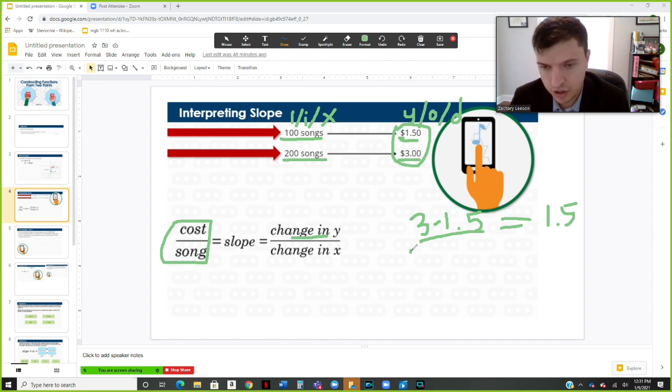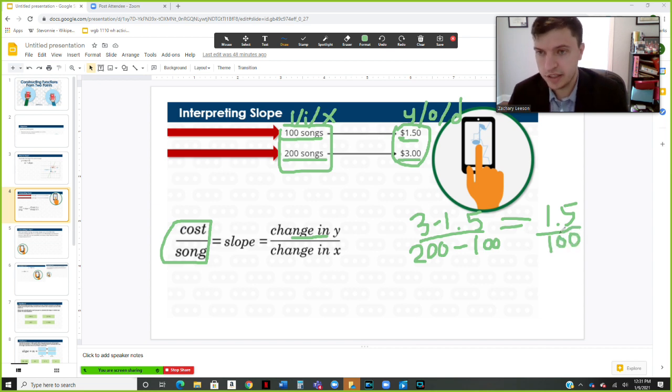That's my X sub 2 that goes with that X sub 1 there. So I've got 200, and then I'm going to subtract to find how X changed, and it changed by 100. So I got a change of $1.50 between those 100 additional downloads, between 100 and 200.